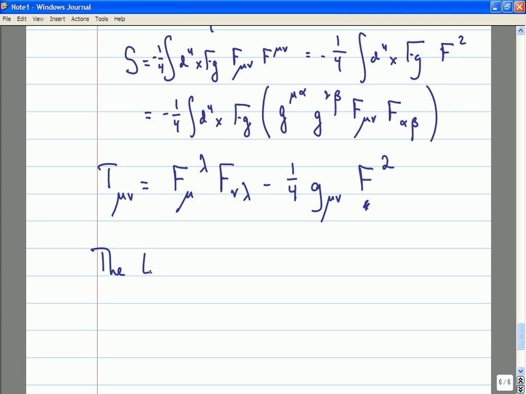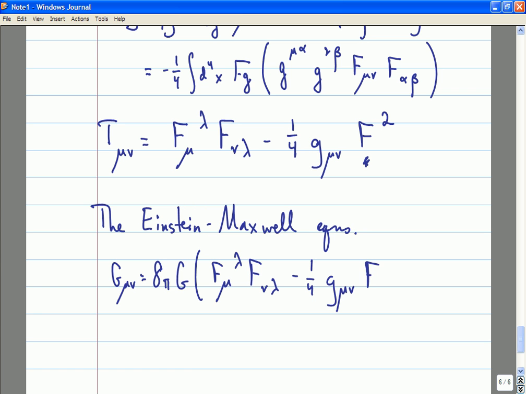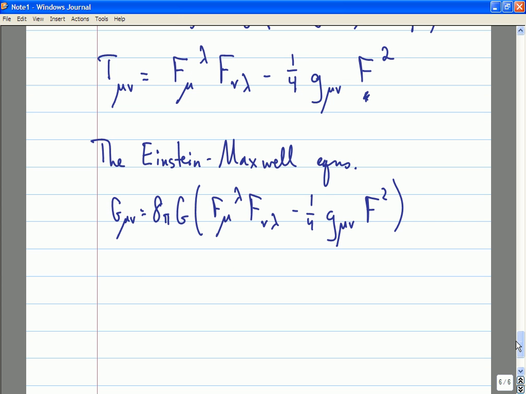We could call them the Einstein-Maxwell equations. What are they? They're G_μν is 8πG times the stress tensor of electromagnetism, F_μλ F_ν^λ minus 1/4 g_μν F squared. That's the equation of motion for the metric. And the equation of motion for F is dF equals 0, and ∇_μ F^μν is equal to 0.